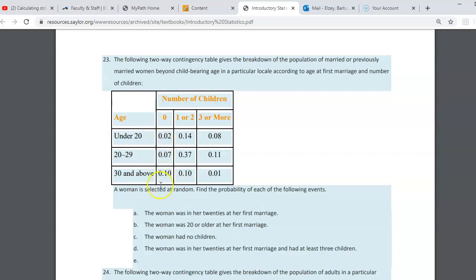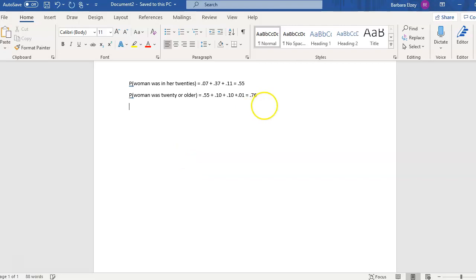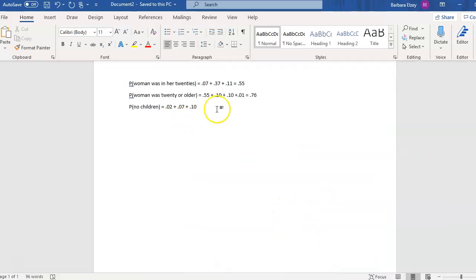So let's add up this column: 0.02, 0.07, and 0.10. Let me double-check that I wrote the right numbers: 0.02, 0.07, 0.10. That gives us 0.19.